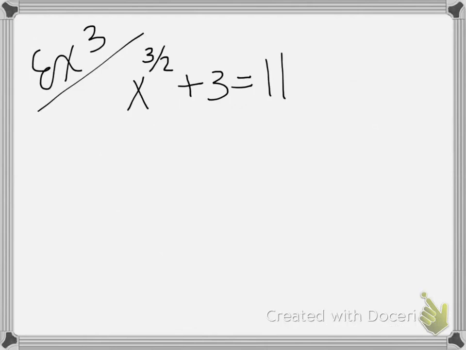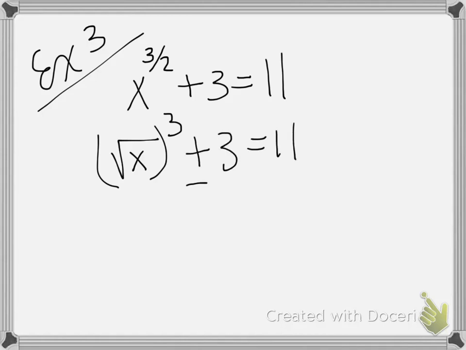Okay, what if it's not a square root and it's not a cube root? We're still going to go through the process of getting the radical part by itself, and the first thing I'm going to do is rewrite this problem. X to the 3/2 power is the square root of x to the third power.